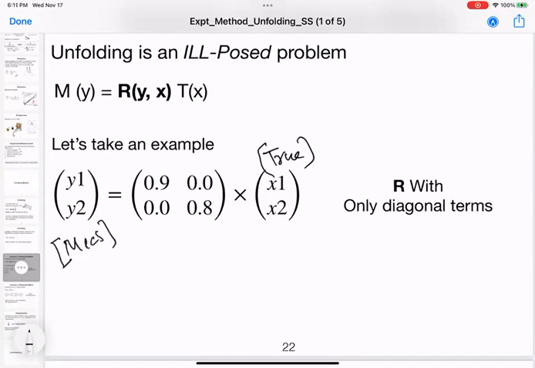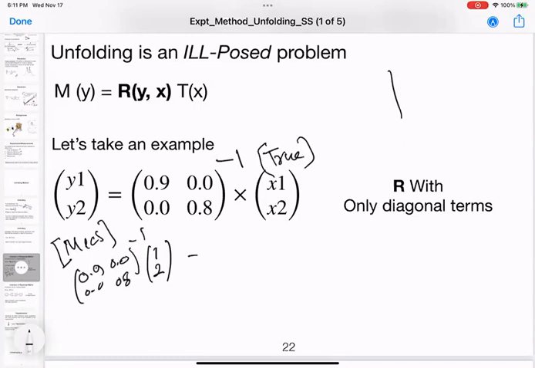So if we want to get the true distribution, we have to take the inverse of this matrix and apply it on this measured distribution. For example, we have this matrix as 1 and 2. This is our measured distribution, and we're applying the inverse of this response matrix on it.